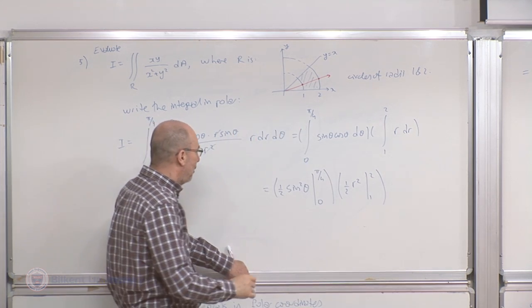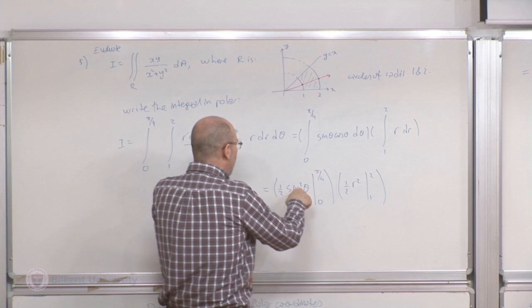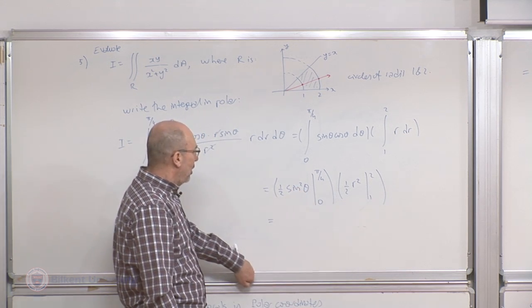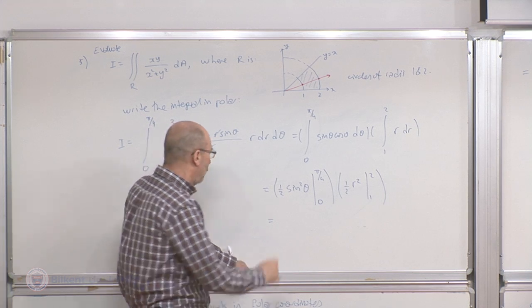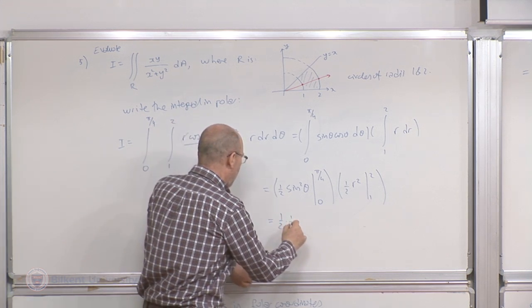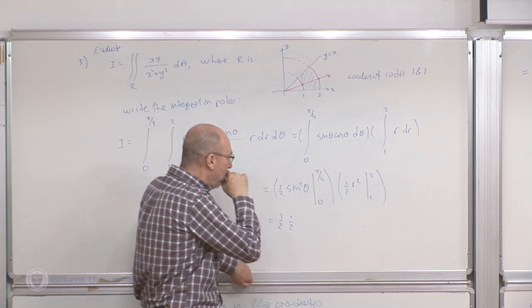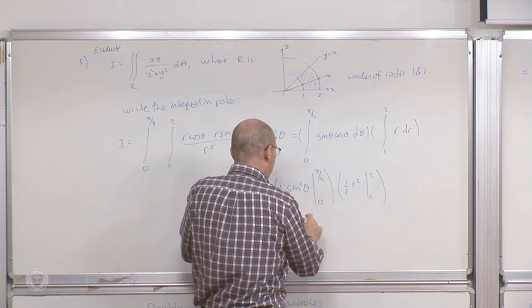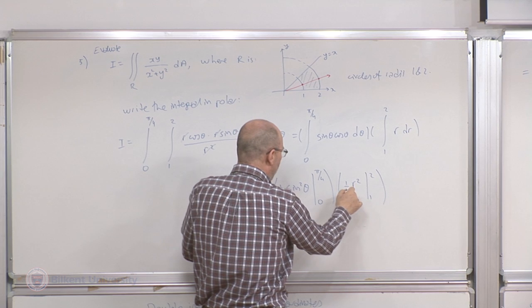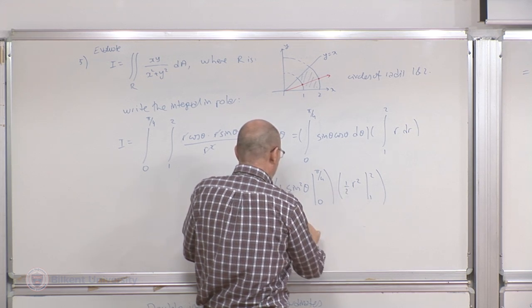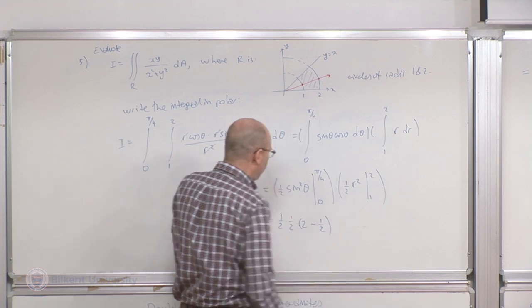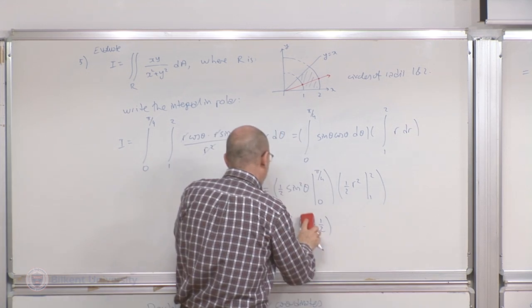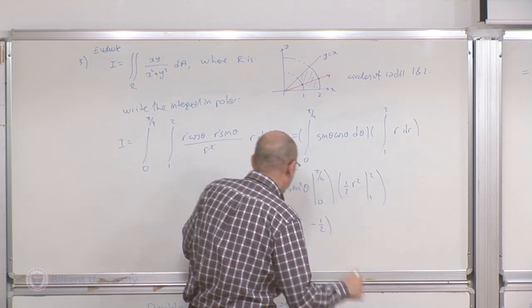Okay, let's put the numbers in. Sine pi over 4 is 1 over square root 2. I'm taking the square, so this is 1 over 2. So it is 1 over 2 times 1 over 2, and this is 4 over 2, which is 2, minus 1 over 2.